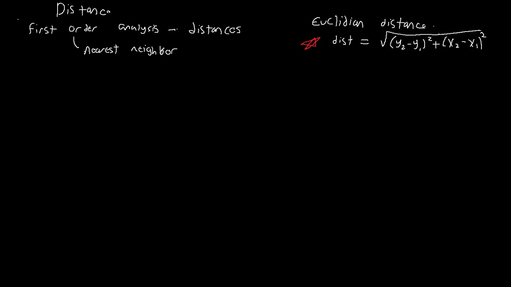The nearest neighbor, in case you aren't familiar, is basically the point that is closer to another point than any other.